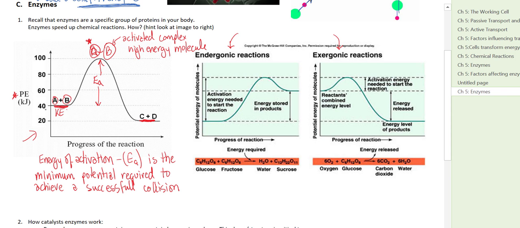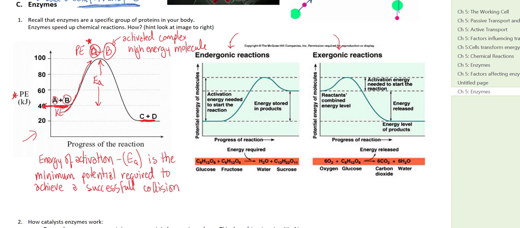These reacting molecules, yes, they have a certain potential energy, but they're also moving around, right? They're in motion. And so if they collide with enough kinetic energy, it forces this activated complex to enough potential energy, meaning putting enough stress and strain on those bonds, that you have a successful collision.